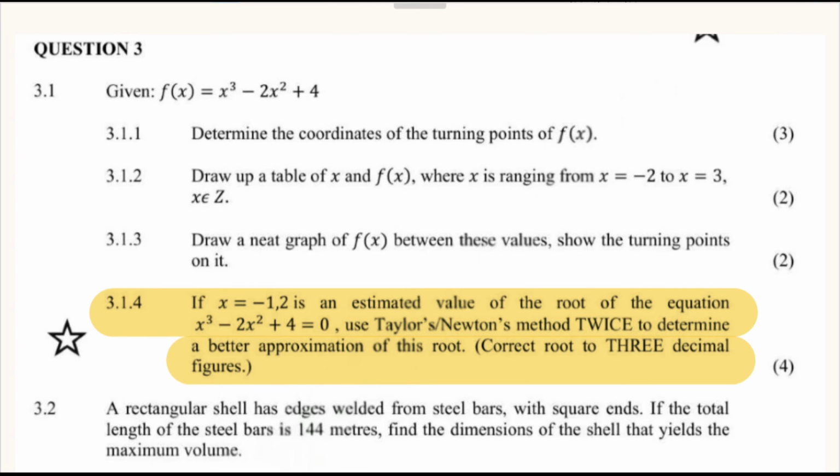Question 3.1.4 states that if x is equal to negative 1,2 is an estimated value of the root of the equation x cubed minus 2x squared plus 4 is equal to 0, use Taylor's or Newton's method twice to determine a better approximation of this root. And we have to correct our root to 3 decimal figures.